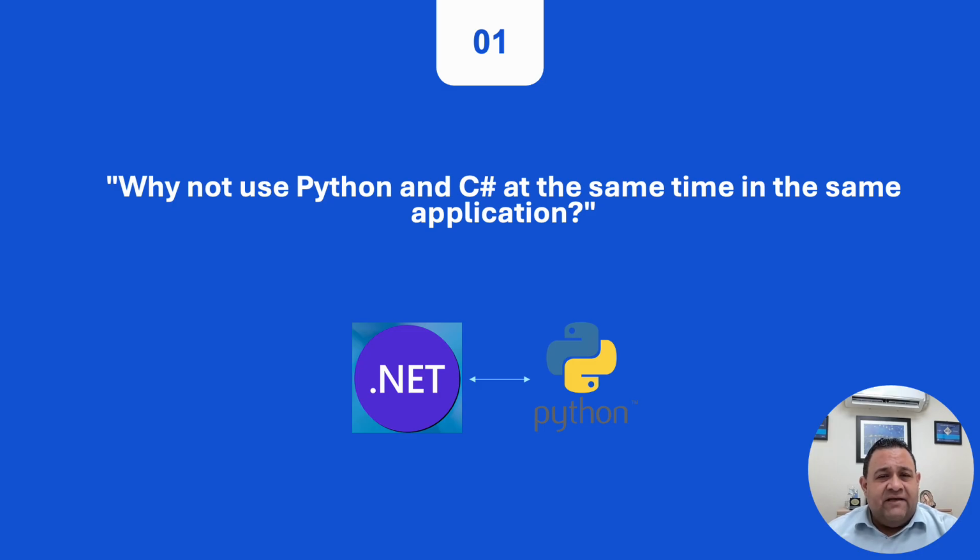Why not use Python and C# at the same time in the same application? C# has a strong support in the business world. Many people know how to program in C#. It's very fast with modern JITs and an optimized garbage collector. Performance is one of C#'s strengths.